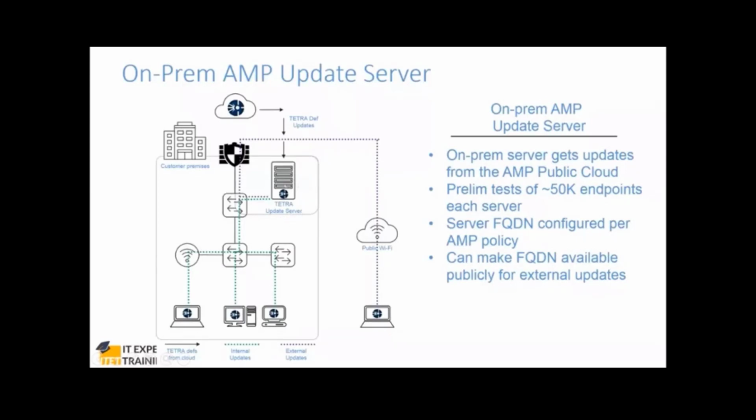Only this AMP server has the capability to connect to the internet. This AMP server is always connected to the internet to get updates, and this update will be pushed to the local devices, if you have an internet limitation to the endpoint. This is the on-prem AMP update service.